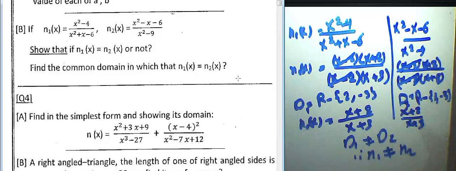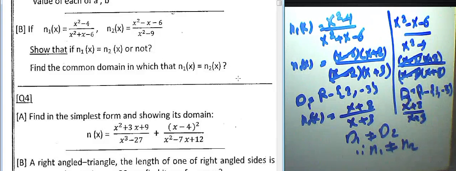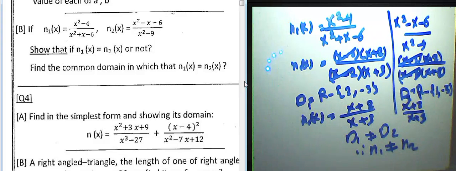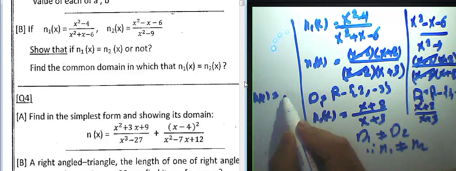But n1(x) equals n2(x). In this example we prove that n1(x) = n2(x). Then we can write here n1(x) = n2(x).